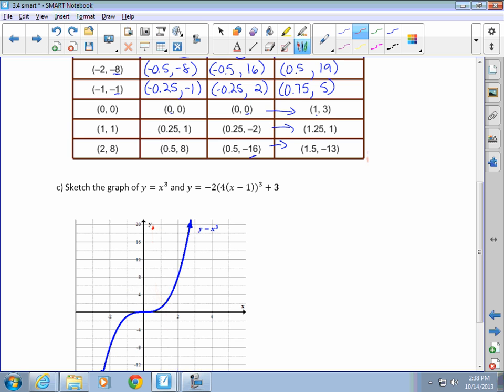Those are positive, so 0.75 and 5 would be about right here. 1 and 3 will be about there. 1.25 and 1, so 1 1/4 and 1.